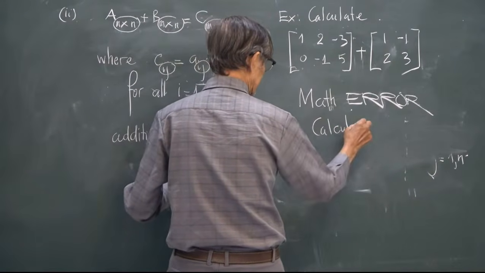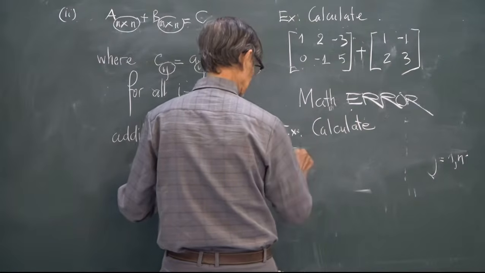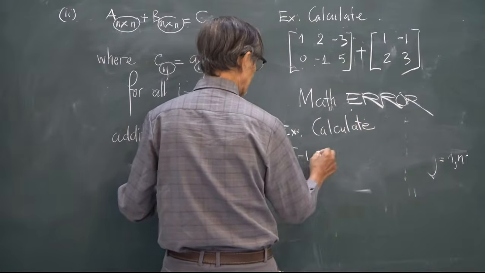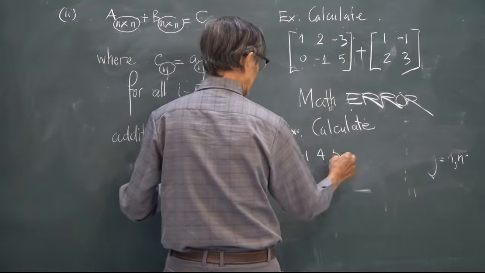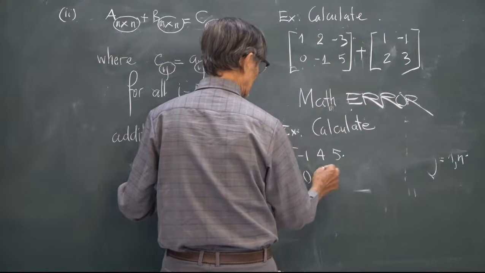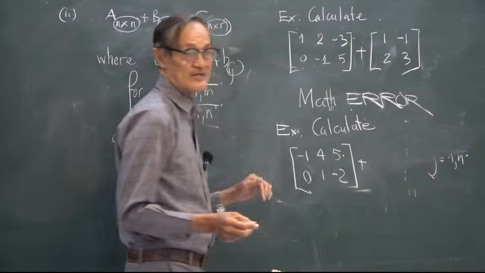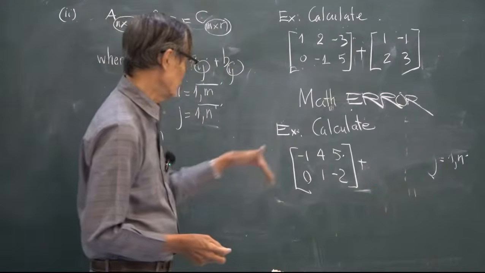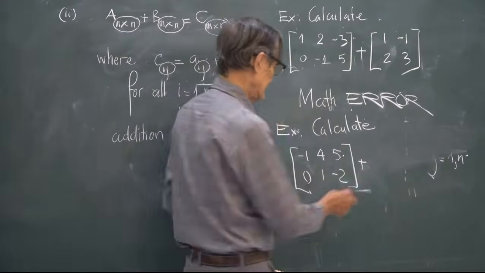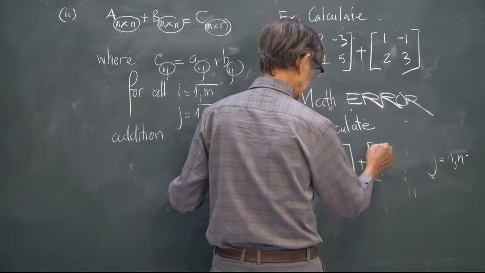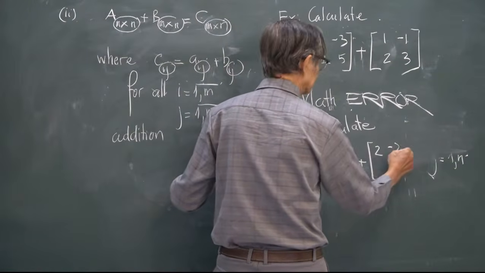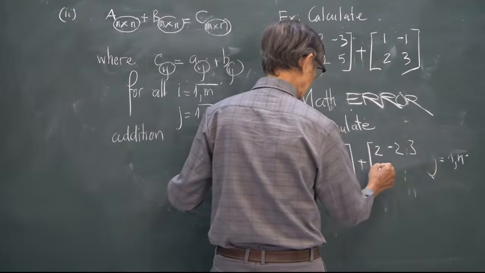Example, calculate minus 1, 4, 5, 0, 1, minus 2, with 2 rows and 3 columns, plus a second matrix with 2 rows and 3 columns.